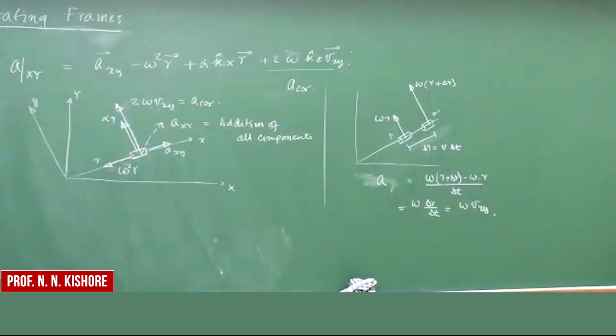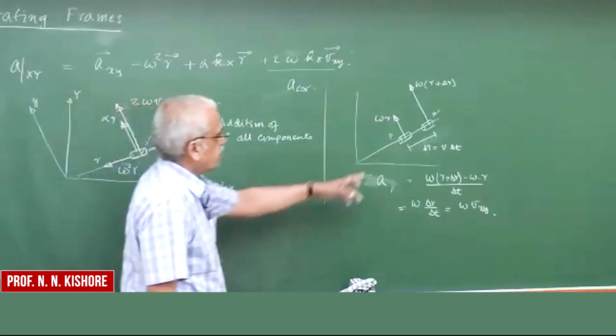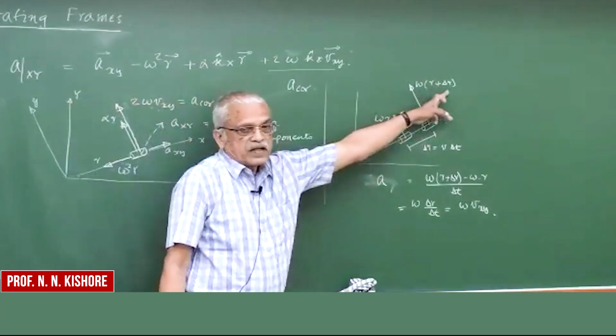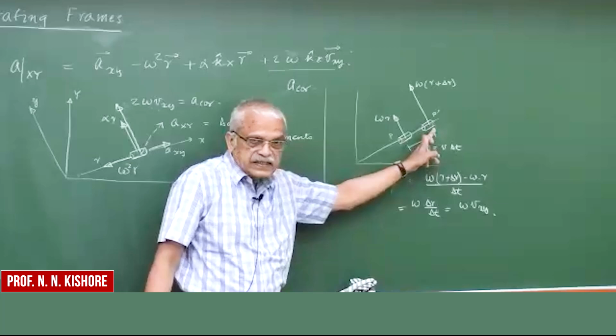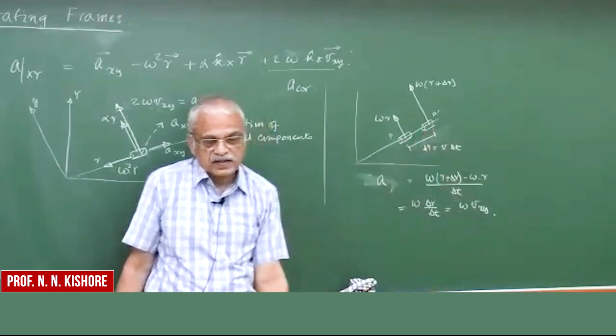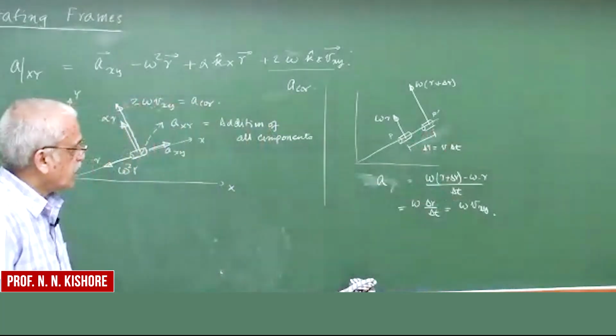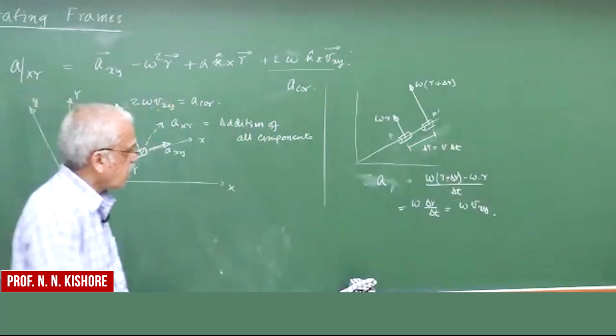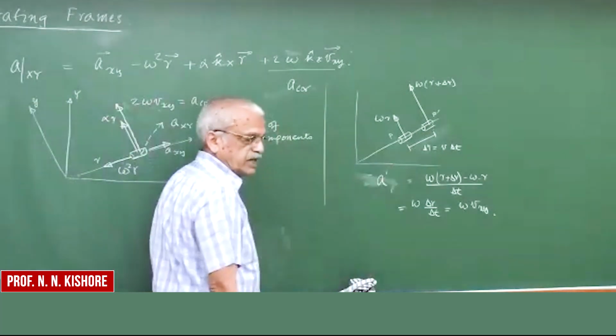This is because the omega R component has increased by a small quantity, because there is a change in the radial length. So this is one component of Coriolis.